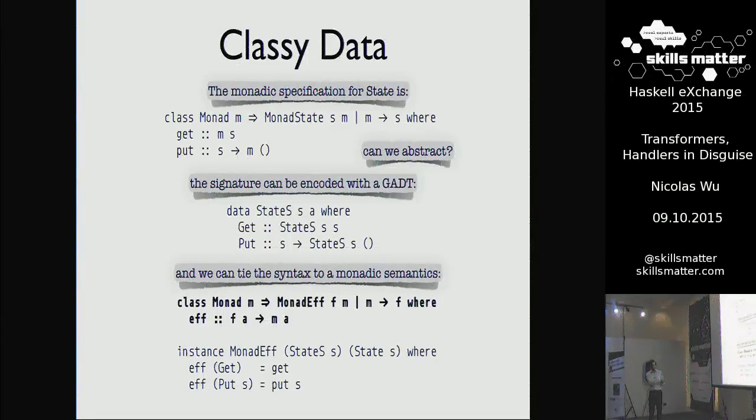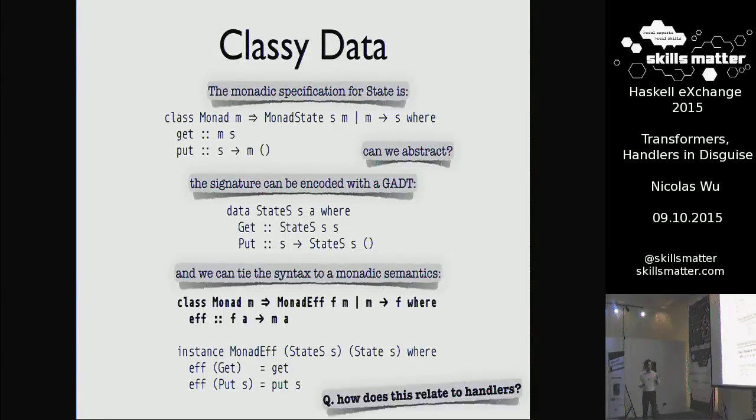So the function takes our syntax F A, so the F would be something like State S S, and it ties that down to the monadic thing that we had in mind that it should correspond to. So for instance, the interpretation of Get is get, and of Put s is put s. So no surprises here. So what we've just worked on is making the class structure more concrete, as data rather than just as functions.